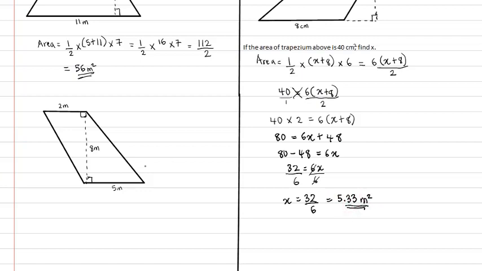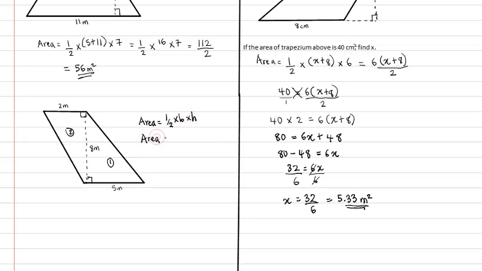Okay, so let's solve this other problem now. This one now we have two triangles. We have the first one here, we have the second one here. So let's represent this one as the first one, this one as the second one. Let's do the first one. The area of this first part will be, remember area of triangle is half times base times height.